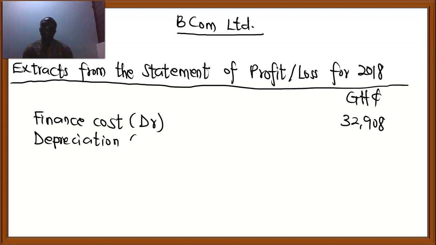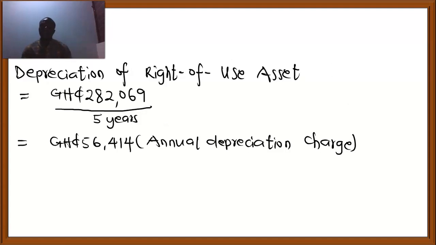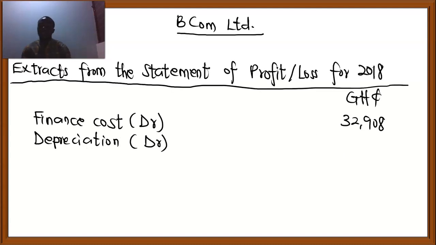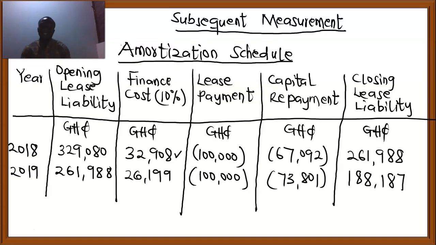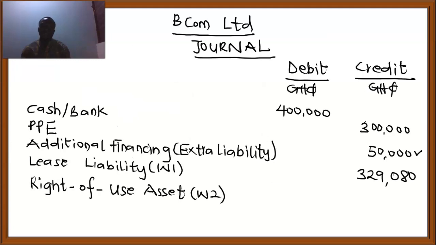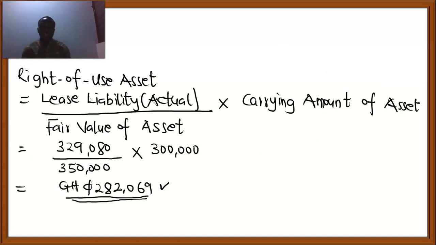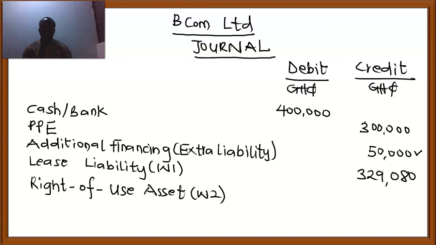We show that one too as a debit. The annual depreciation charge is 56,414. And then when we were preparing the journal, we realized that the balancing figure, okay, so let's fill it in here. The right of use asset, we had 282,069.